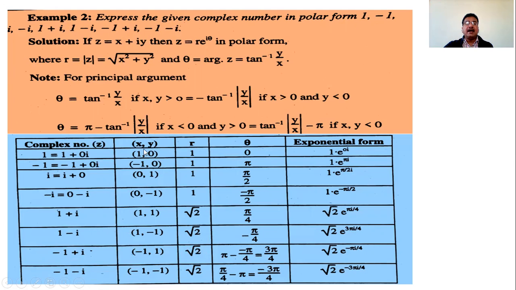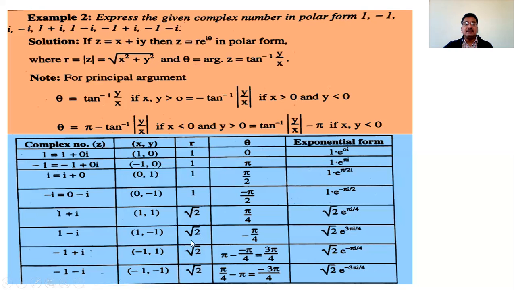Pi minus tan inverse, y is plus 1 divided by x is minus 1. So 1 by minus 1 is minus 1, but its modulus is plus 1, and tan inverse 1 is pi by 4, because tan of pi by 4 is 1.